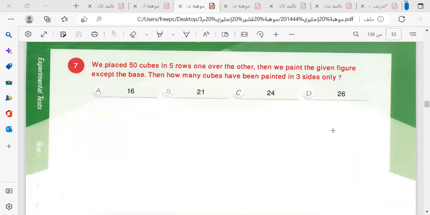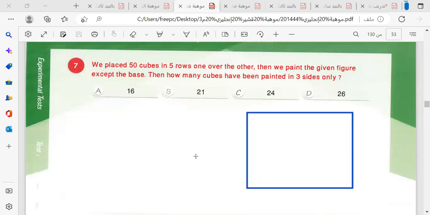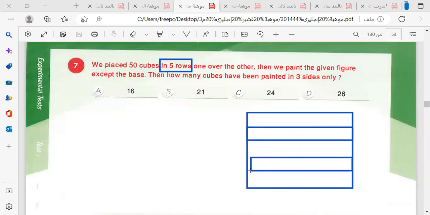Look here. If I draw now to show you how many faces, right? Here he said 5 rows, right? We put it here, 5 rows. Now how many columns will there be? Because I have 50 cubes in 5 rows.